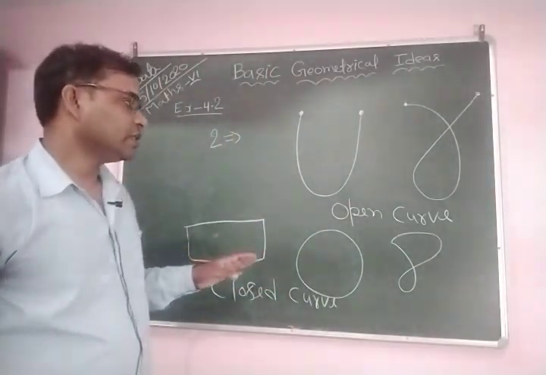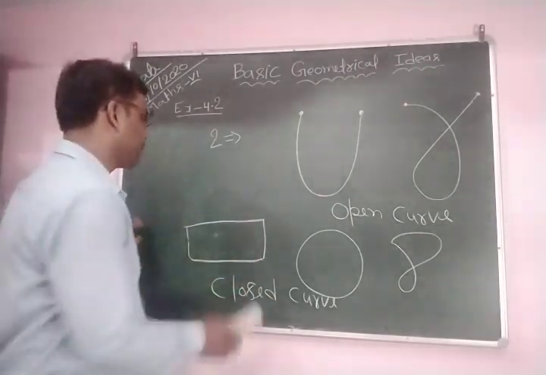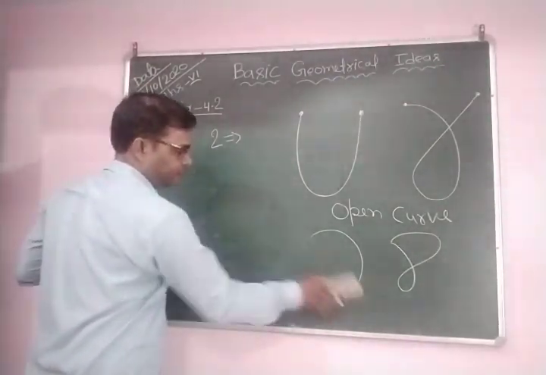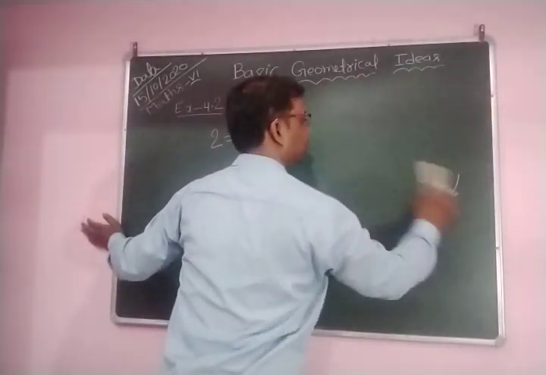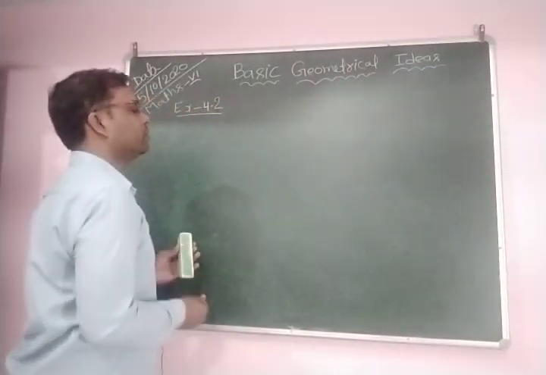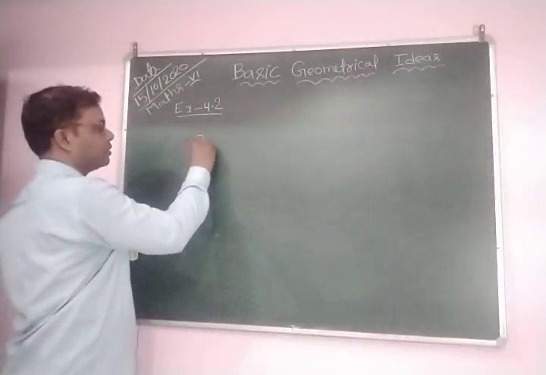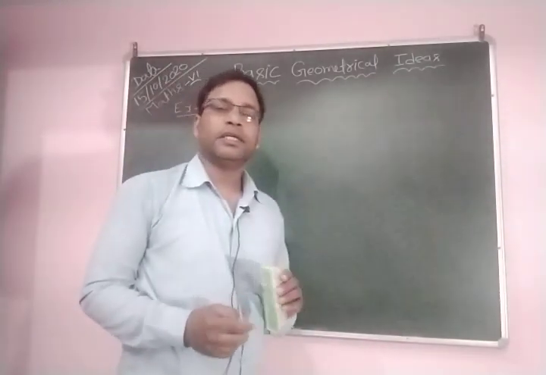Okay, so let's draw a polygon and try to set its interior part. We can draw a 3-sided polygon, a 4-sided polygon.